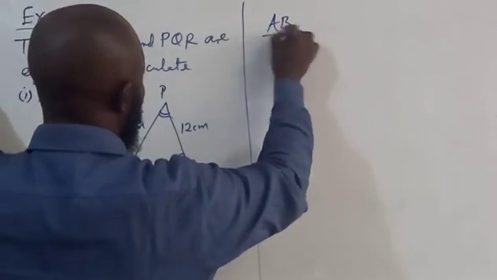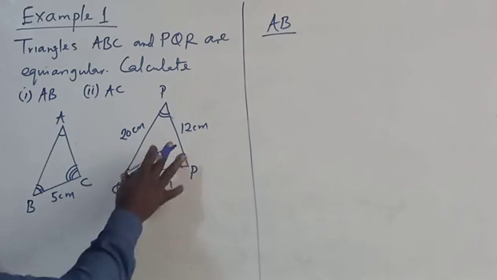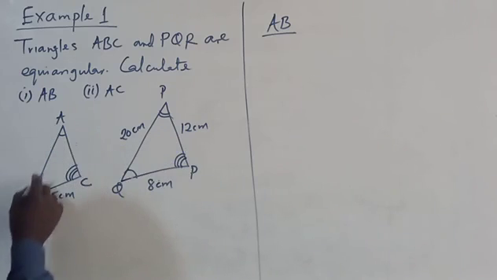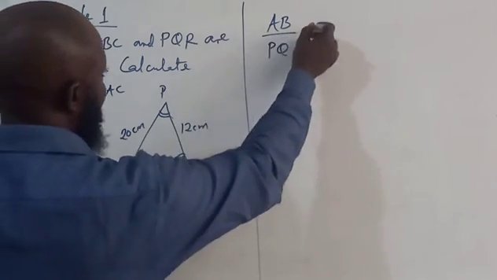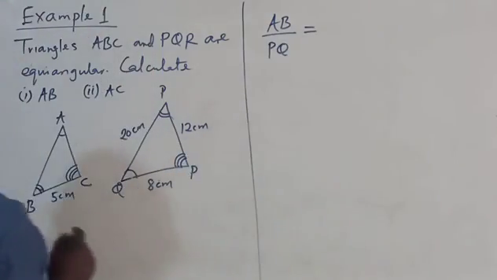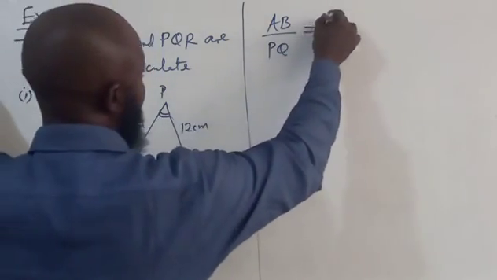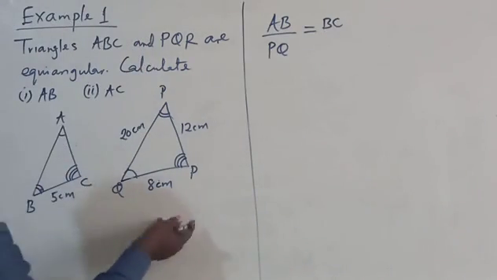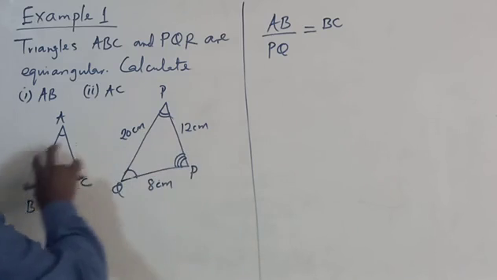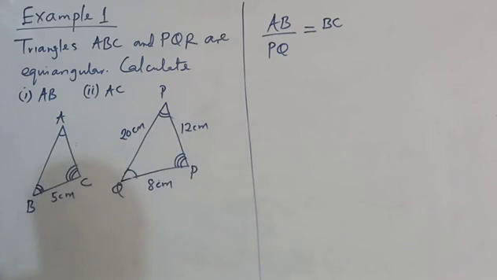AB corresponds to which side here? That is 1, 2, 1, 2. That is PQ. It must be equal to BC. You notice one thing: I started from this one to this one. You can either start from here to this or from here to this. You still get the same answer.